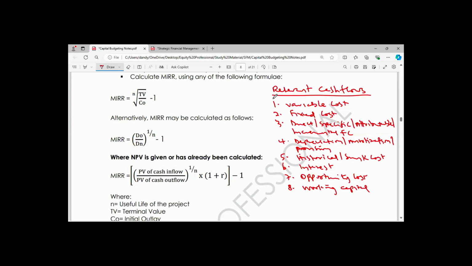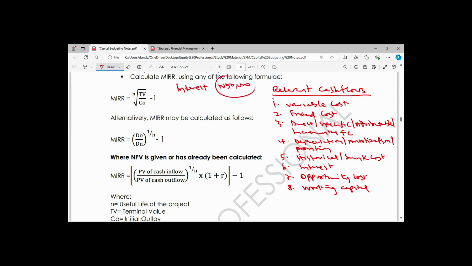Okay. Then the next item is interest. The absolute amount of interest is irrelevant. When you see interest in a question, the naira amount of interest, this is what I mean by naira amount. In a question, you are given interest, say, for example, 50,000 naira.